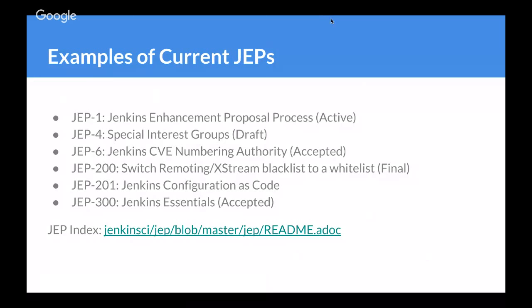So both JEP 201 and JEP 300 are what we've begun to call mission and goals JEPs. It's not an actual type of JEP, and we haven't actually changed the JEP process to add a new type.